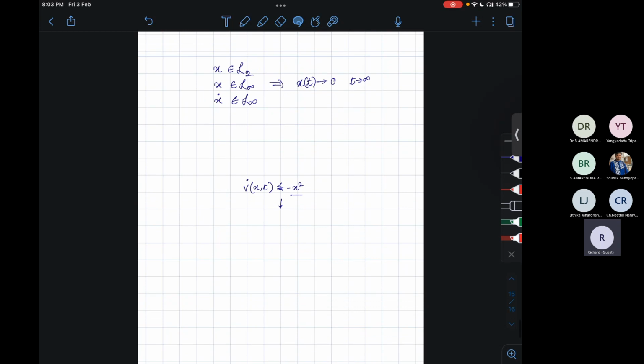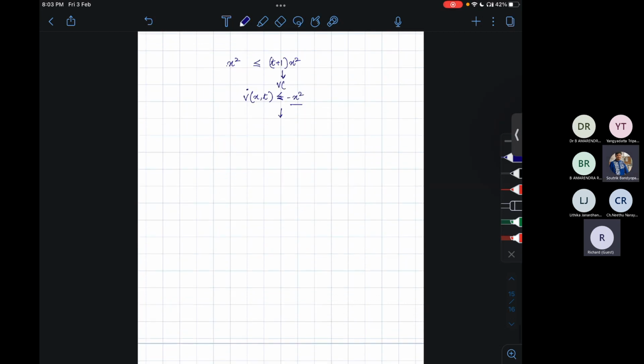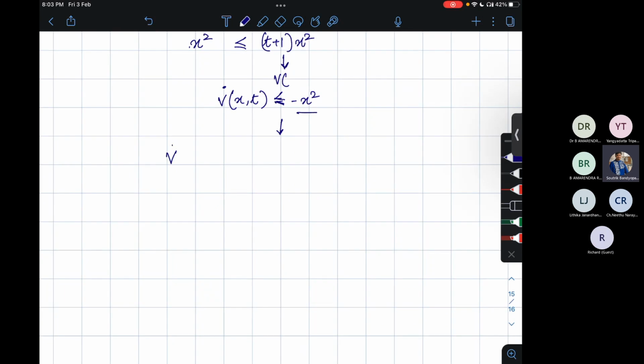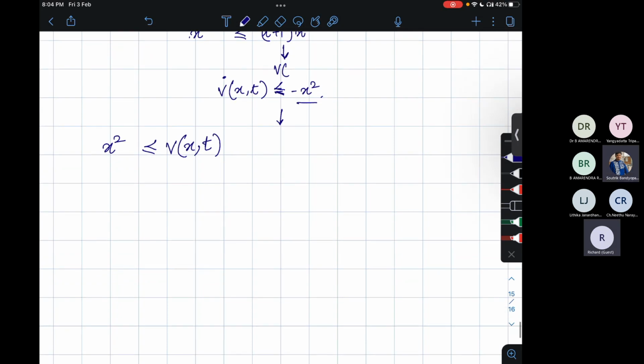I can show you exactly what the bound is. V of x,t is lower bounded by x squared, and V dot was upper bounded by minus x squared.